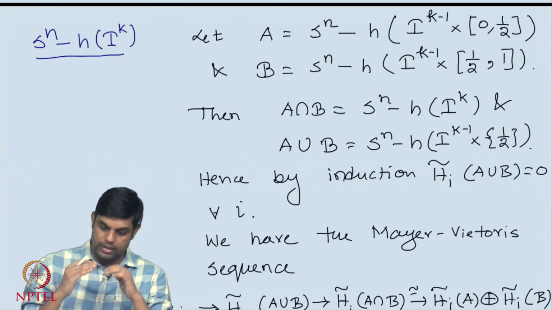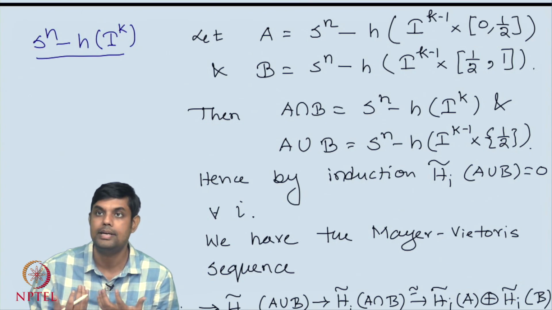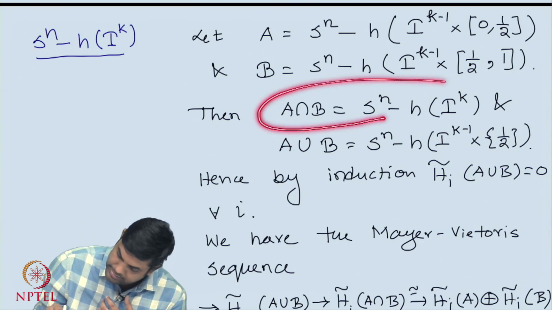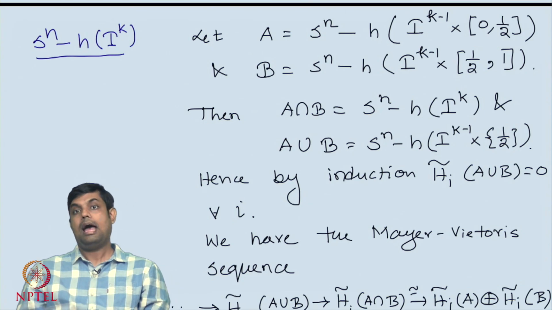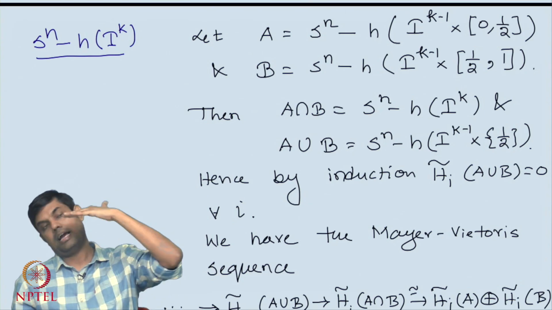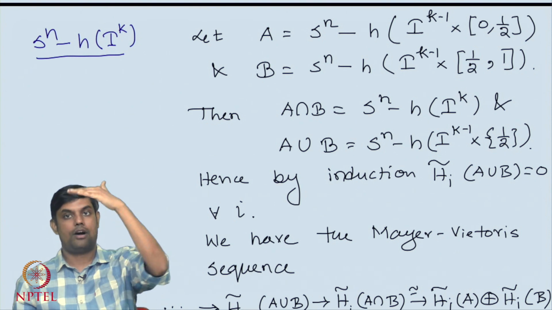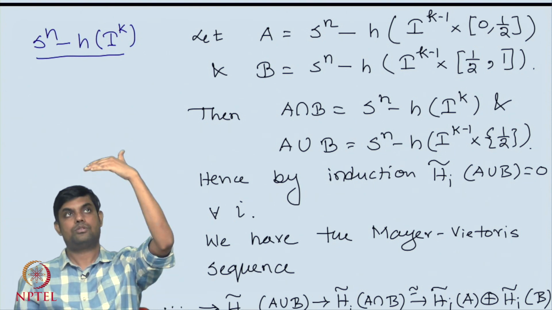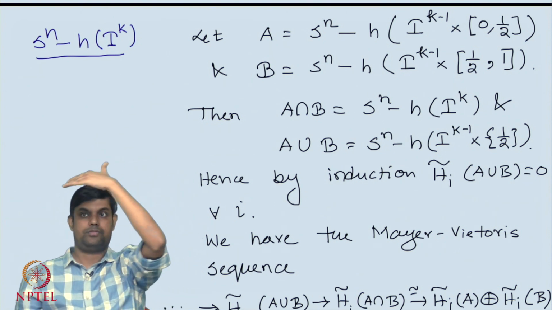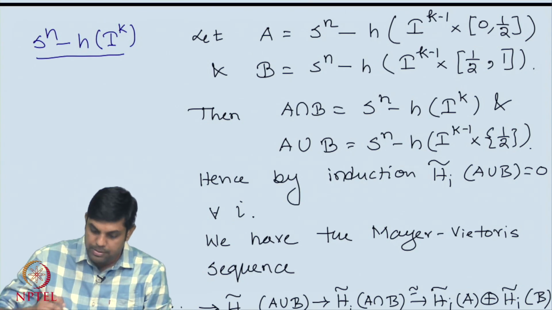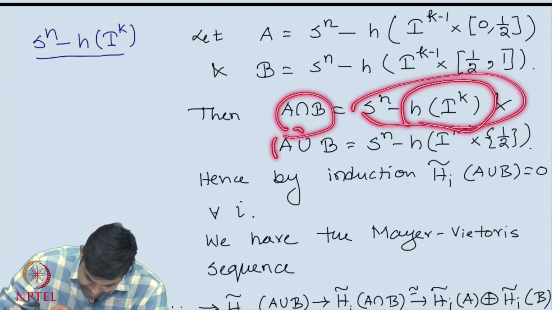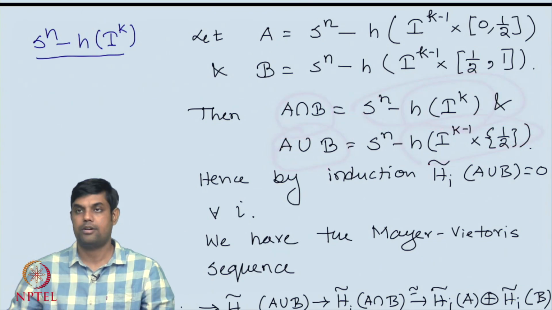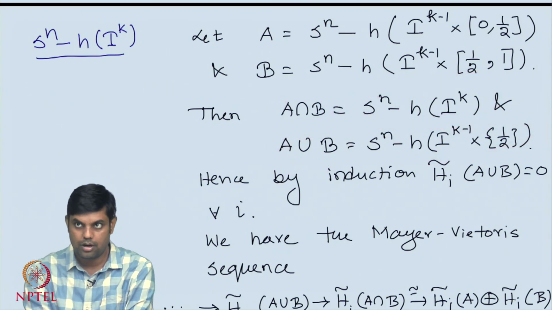Because I am talking about the complement, their union is S^n minus the middle piece I^(k-1) cross half, and their intersection is S^n minus the entire embedding of I^k. Remember, we are talking about complements, that is why the intersection becomes the entire complement and the union becomes only the complement of the half patch.